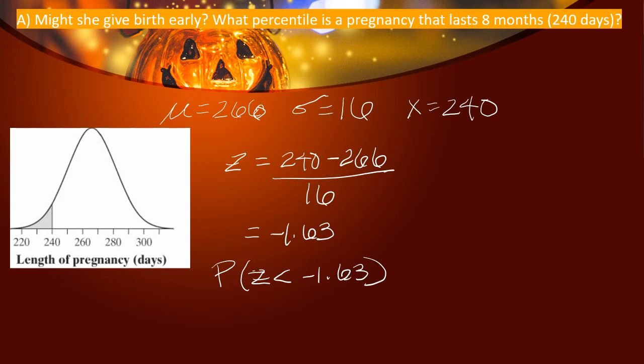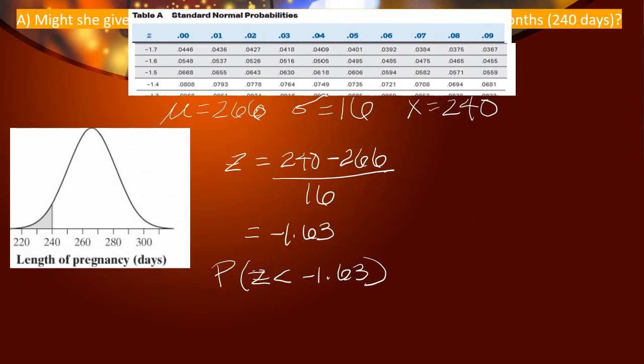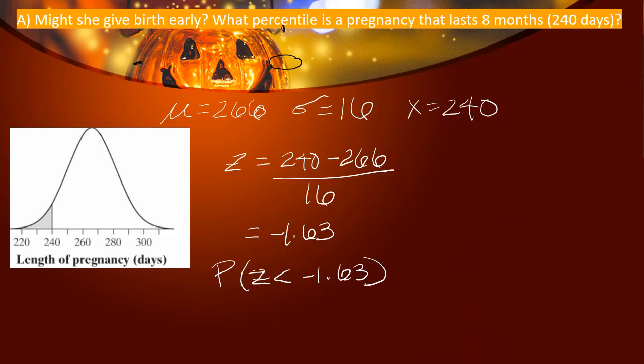I'm going to show you how to do this on the table. So let me bring the table up here. I'm going to find my z-score of negative 1.63. I go to negative 1.6 and 3, and that gives 0.0516.